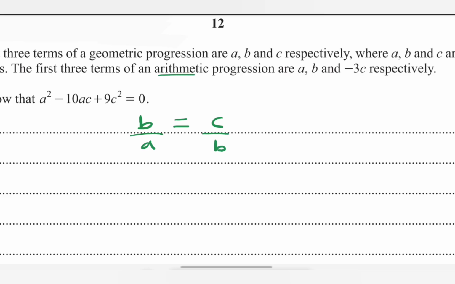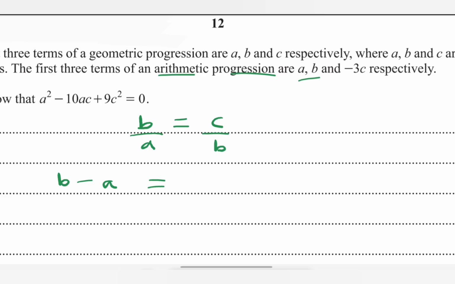And for the AP, we have a, b, and minus 3c. And for the AP, we have a common difference d, which we get by saying the second term b minus the first.